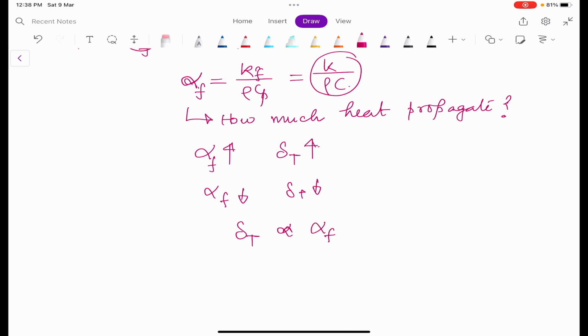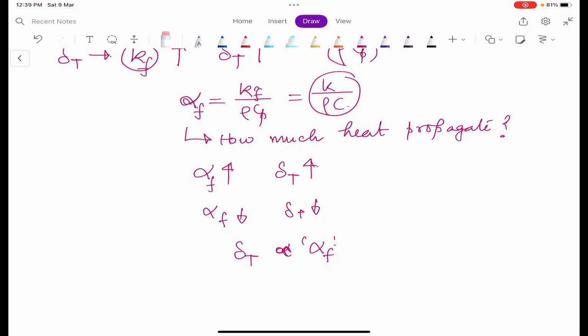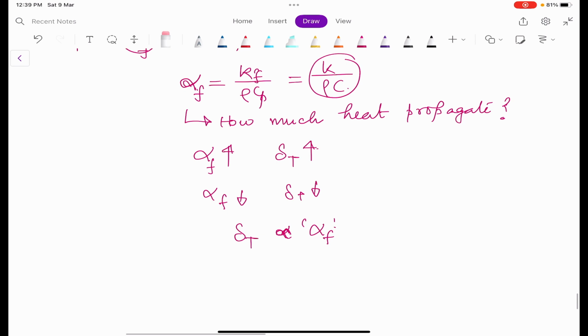So delta T is roughly proportional to alpha f. This is the proportional sign, don't confuse it with alpha. These are not mathematically proportional, but I should say that delta T is dependent on alpha and delta will be dependent on nu. So delta by delta T will be governed by the ratio nu by alpha, and that is called the Prandtl number.